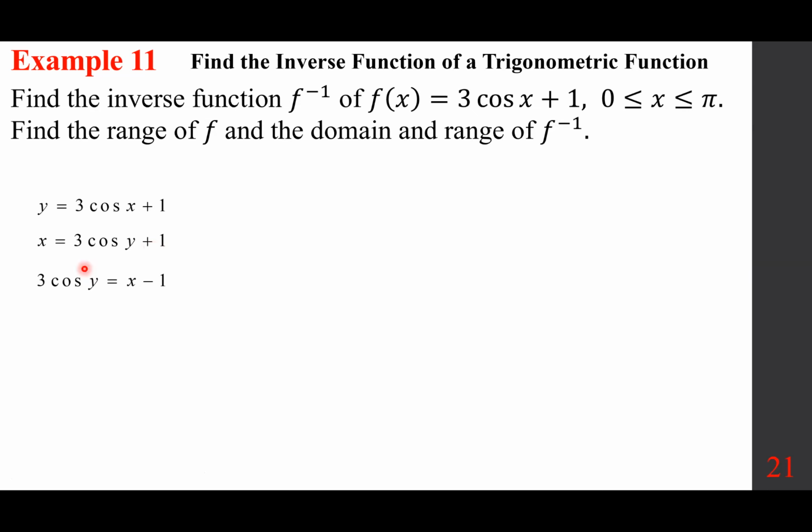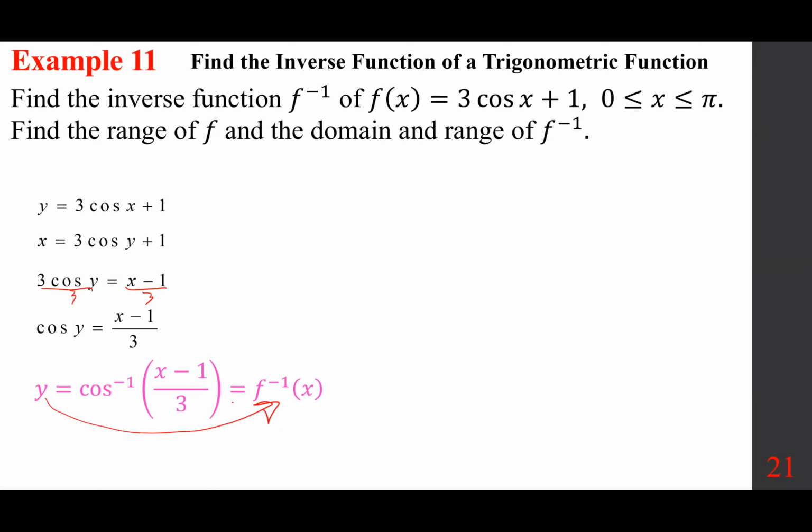So you can say 3 cosine y is x minus 1. The next one is to divide by 3. And now you can say cosine inverse of the right side is y. And now you give it a name, f inverse. So we found the inverse function.